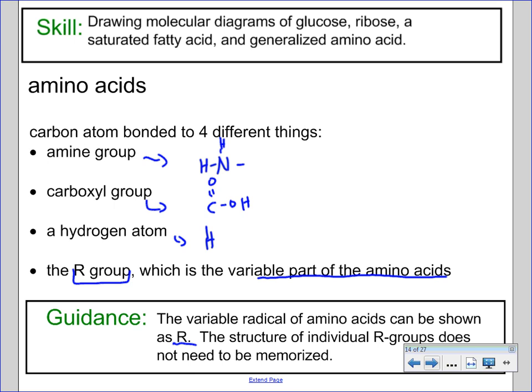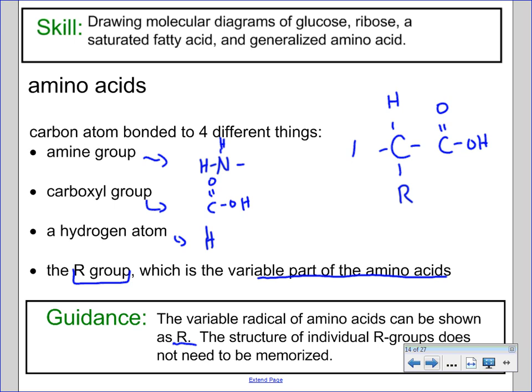So when we draw an amino acid, we can draw it as our central carbon that is attached to that hydrogen atom. Below it is going to be the R group, which we just represent with an R. To the right, we can draw our carboxyl group.